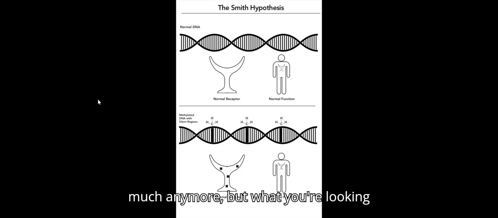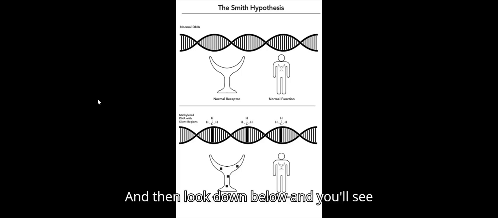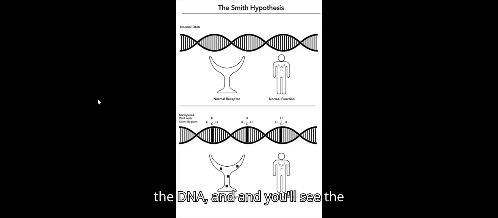But what you're looking at on top is normal DNA. That's that double-stranded, looks like a twisted ladder, and normal DNA makes a normal opioid receptor, and a normal opioid receptor functions normally inside the individual. And then look down below, and you'll see the DNA, and you'll see the methylation. It's the C with the 3 H's.